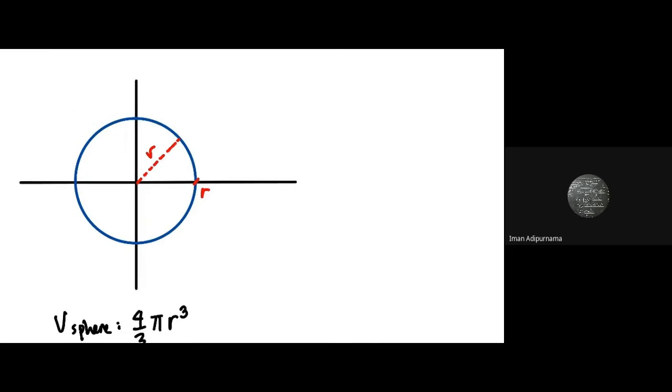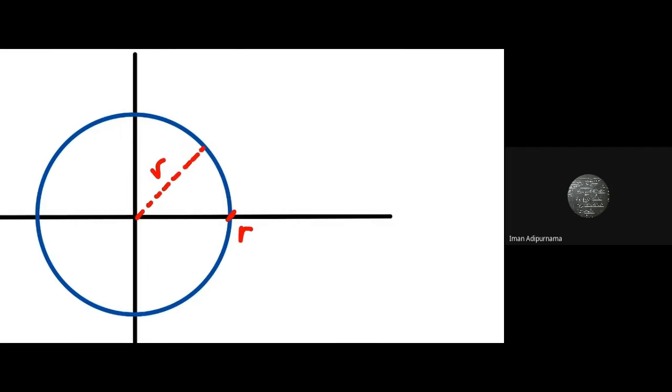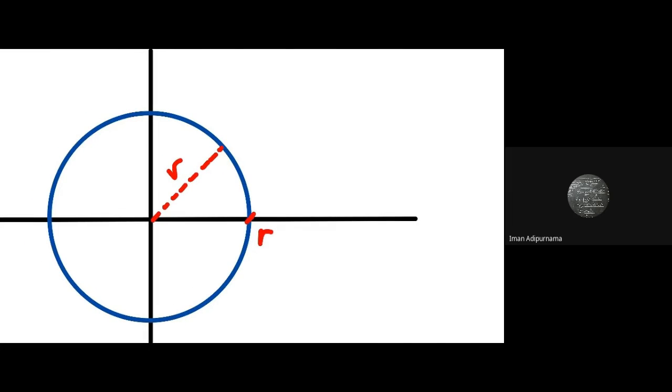Now, if you remember, the volume of a sphere is 4/3 pi r cubed, right? Now imagine we are going to do the same thing as we did with the example before.